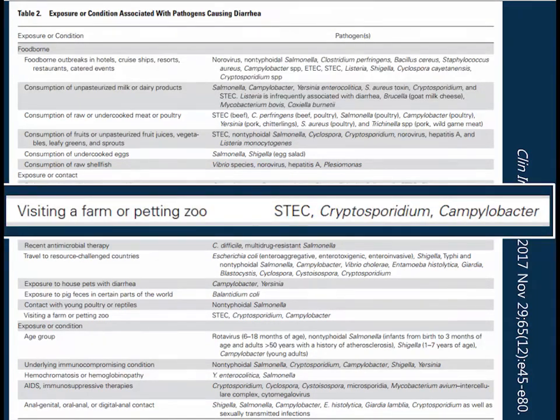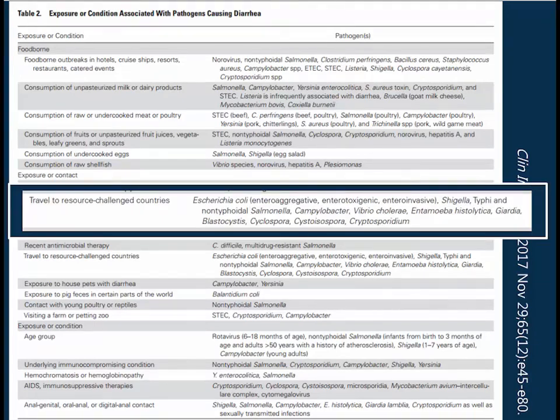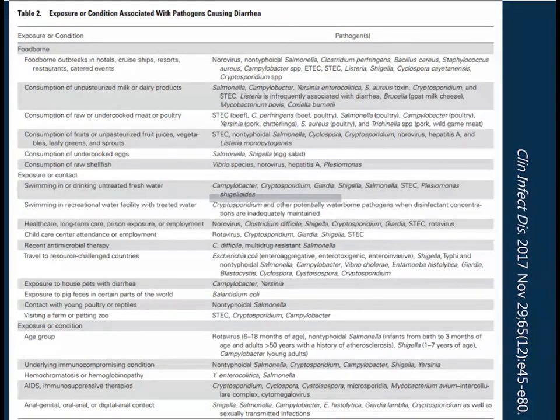If you visit a petting zoo and have acute gastroenteritis, Shigatoxin-producing E. coli is near the top of the list, and also Campylobacter, Cryptosporidium. And there are other examples. For example, if someone travels to a resource-limited area, then there's a whole list of pathogens to consider, including a lot of parasites.